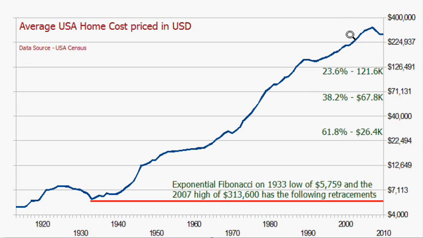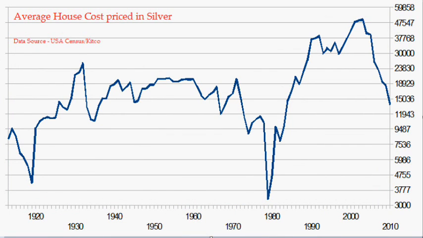And what I'm explaining is what almost every single one of you is familiar with, and that is prices have been escalating through the roof on the longer term time frame. And when we price this into silver rather than dollars, this is what we can see. This is the Kitco average prices with the United States Census Bureau's average prices.